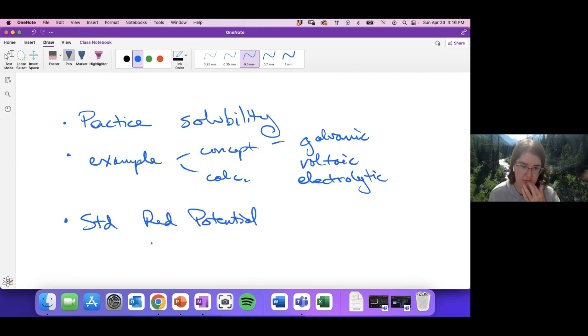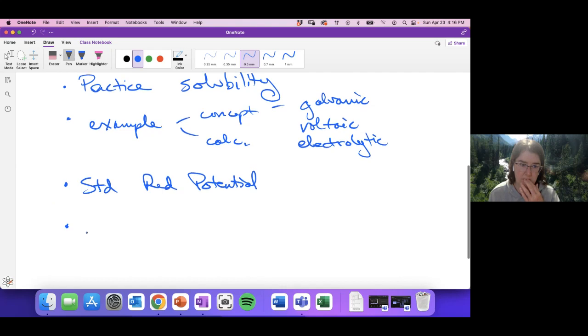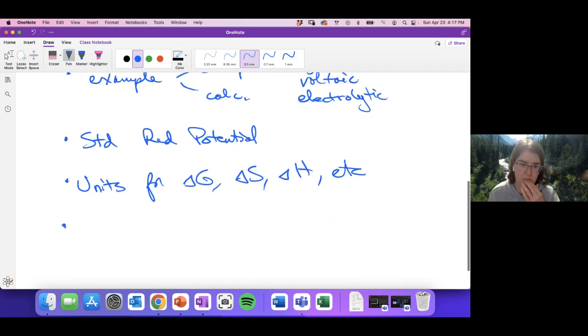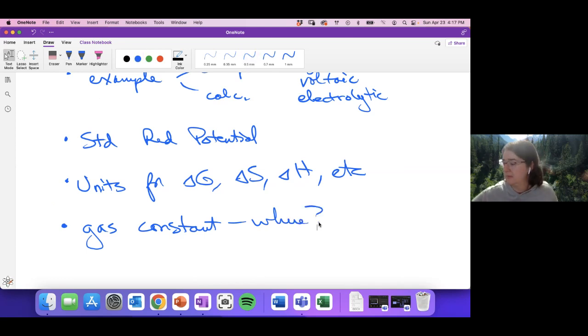Okay. Next is, what are the units we should remember for delta G, entropy, enthalpy, etc.? Okay. And the last one at the moment is, is the gas constant also on our cheat sheet, or will we need to memorize it? Cool. That's all for now.